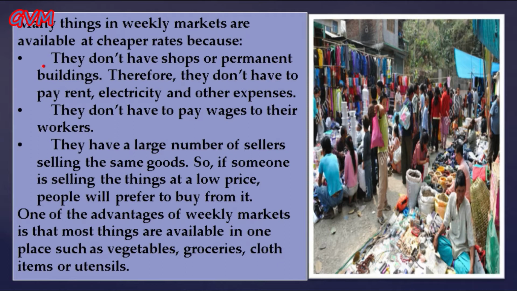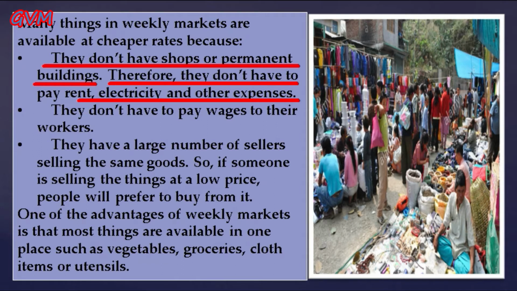And students, do you know why? Because these weekly markets don't have any permanent shops or permanent buildings, and therefore they don't have to pay rent, electricity and other expenses, and that's why the products here are available at cheaper rates.